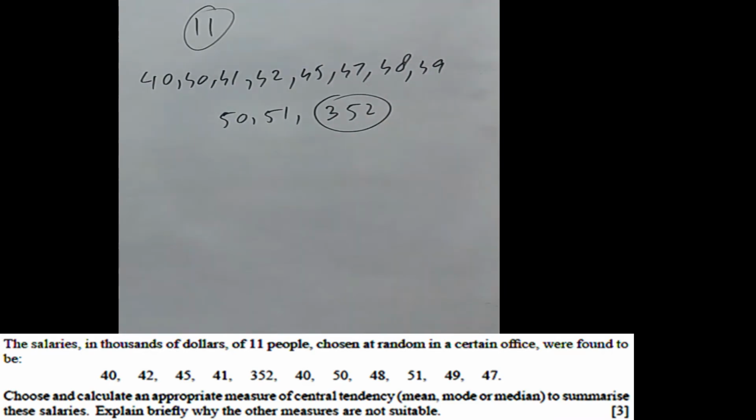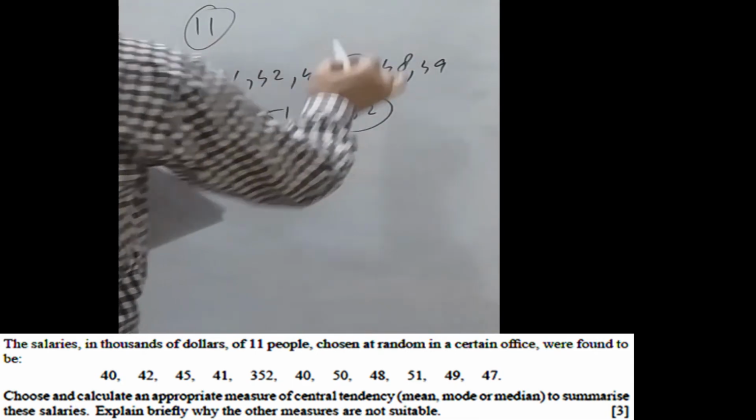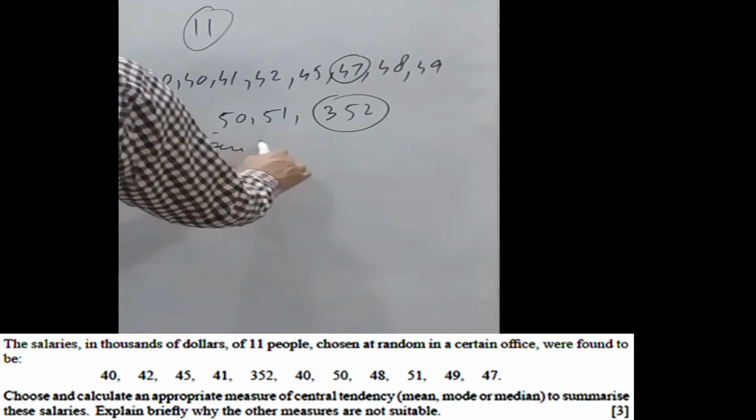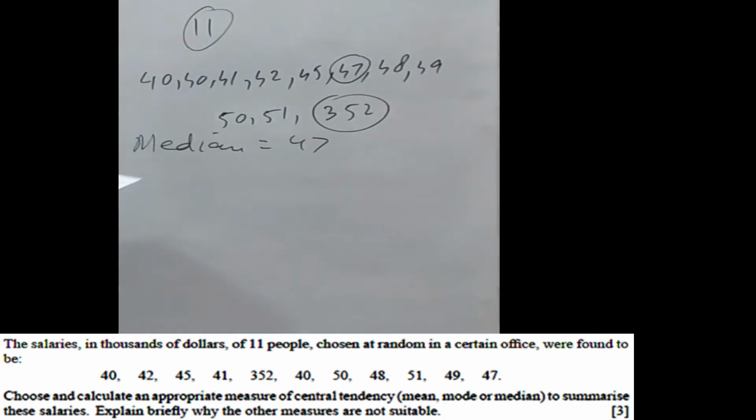So the mode is only 40, it is the smallest value, and all other values are greater than this, so it is not the best figure. If you find the median, you will see that the median is 47.